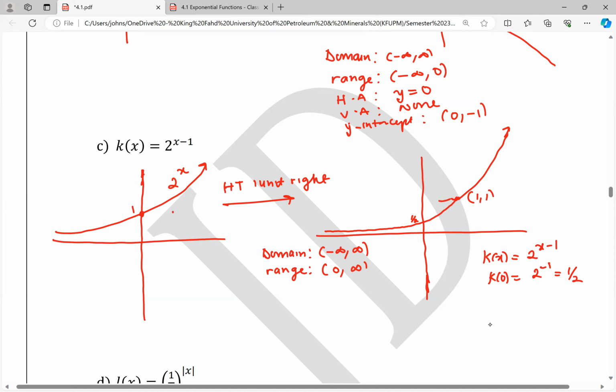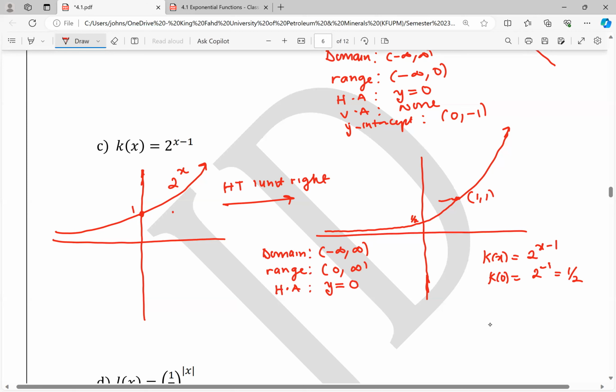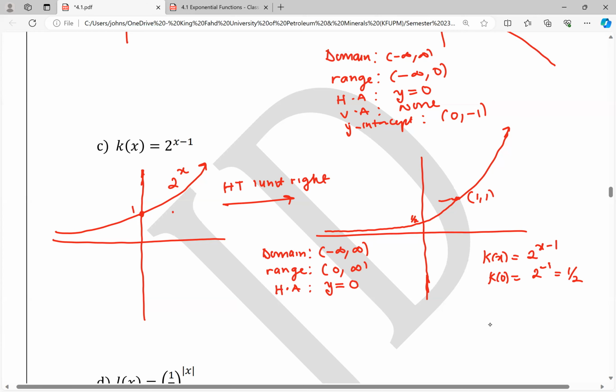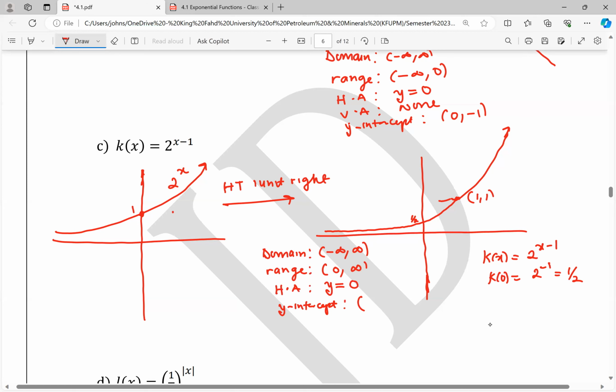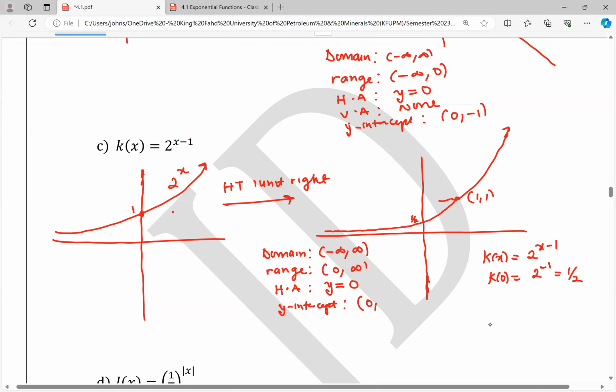And the horizontal asymptote is still the line y equals 0. In this case, what changes is just the y-intercept. The y-intercept now is going to be (0, 1/2).